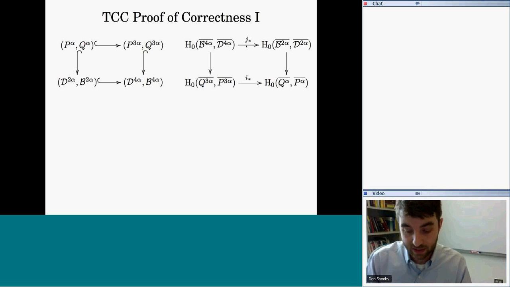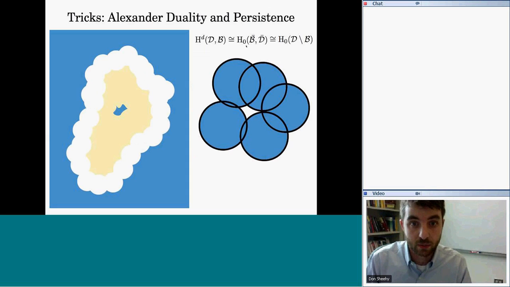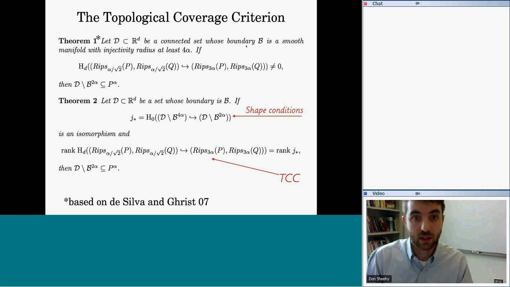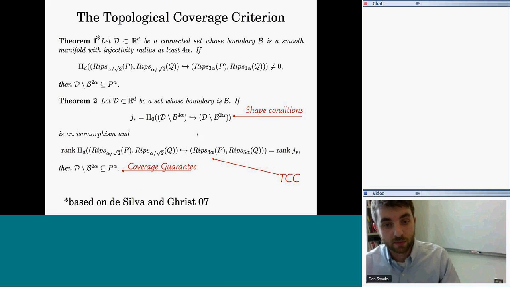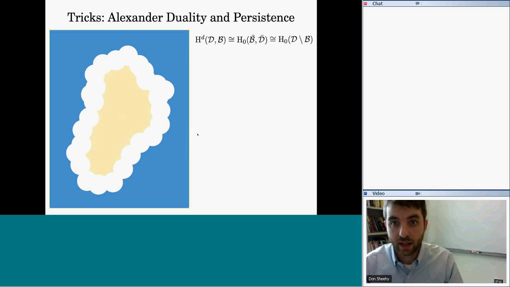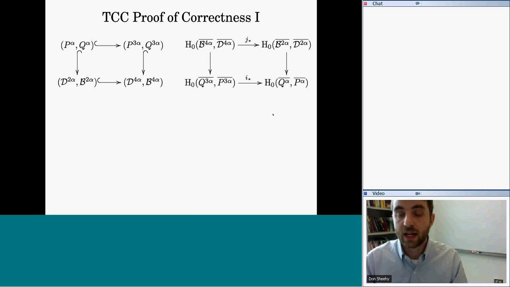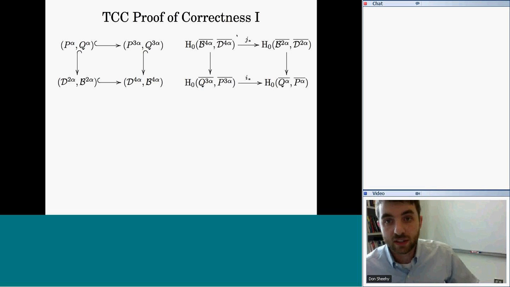This map J star is exactly the same J star we had up here. Let me just see if I can jump back to it. It is the same J star, although here it's written, of course, as D minus B4 alpha. And it's not hard to see that the d-dimensional homology of this space is exactly the zero-dimensional homology of D minus B4 alpha.